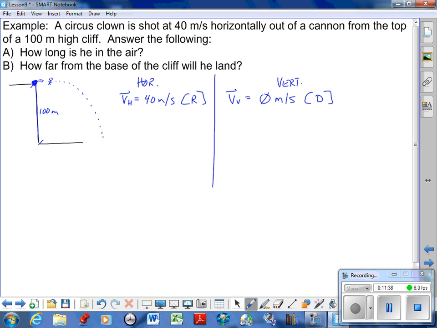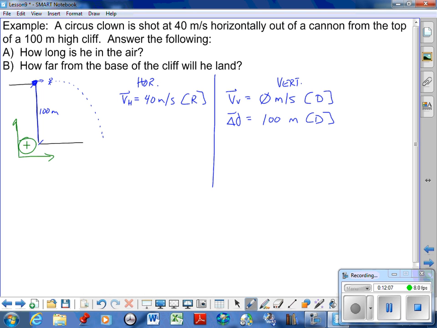I always assume upward and to the right is positive, and you do not have to follow this convention. But I always like to be consistent with my x and y axes. So if that's the case, that means that my displacement will be negative 100 meters. Or it'll be 100 meters down. And that's all the information that's provided.